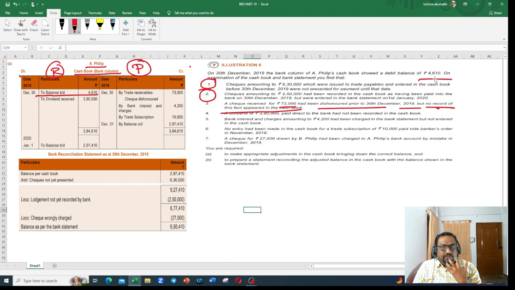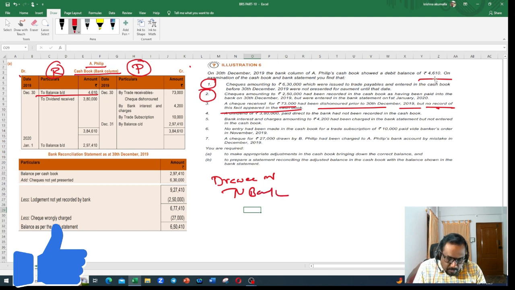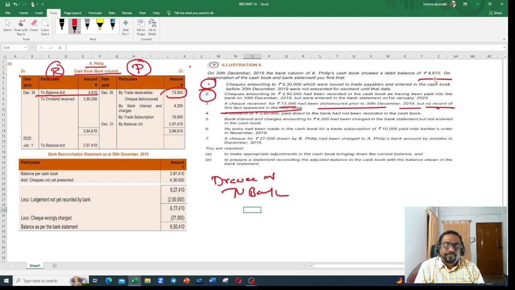The amount has to be received from the drawee and paid to the bank. Amount receivable from the drawee and payable to the bank. So what entry do we write? Drawee account debit to bank account. So we need to credit this 73,000 on the credit side, right? So this is what has been recorded.